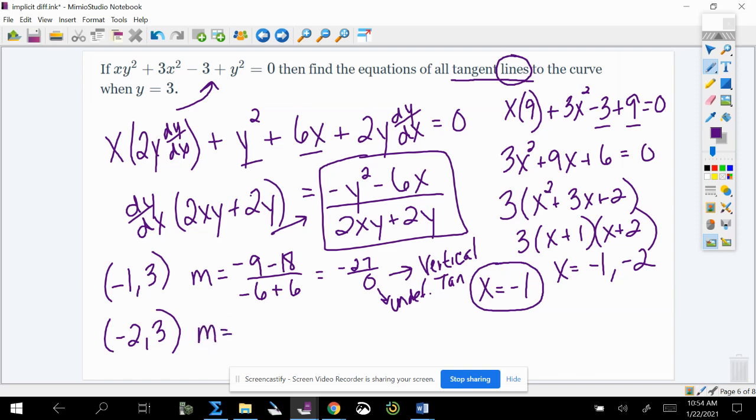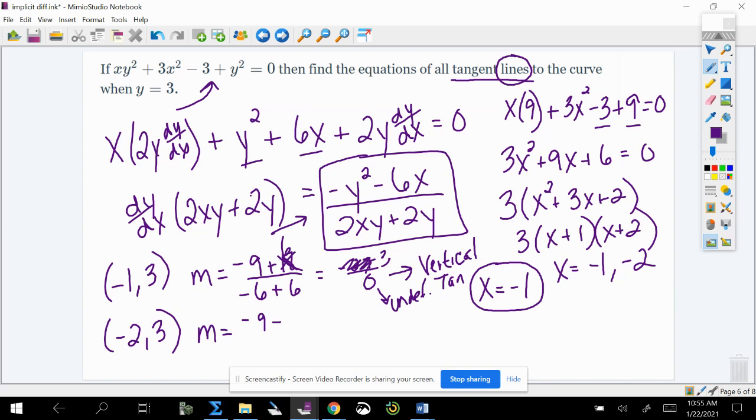When I put (-2, 3) into my derivative equation, I get -9 minus 6 times, oh, I had this numerator wrong. I'm sorry. You're probably watching it going, what is she doing? -6 times -1 is, again, in the end, it doesn't really matter because you still get an undefined slope, but I should at least have that math right.